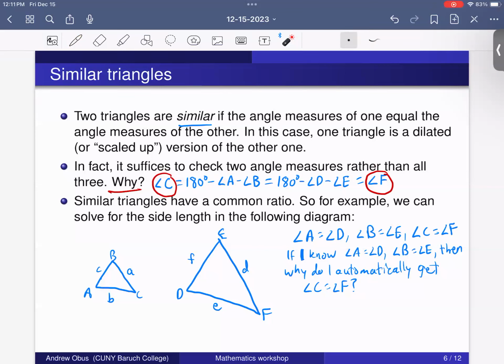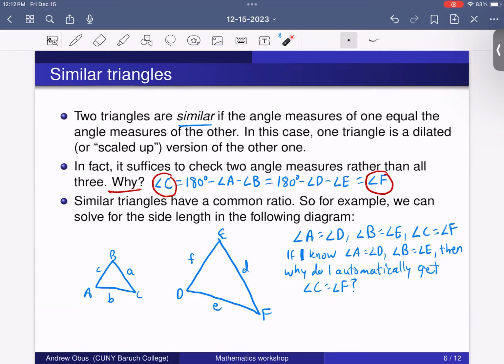If I know that A equals D and B equals E, by using these equations and the fact that the angles add up to 180 degrees, I get for free afterward that angle C equals angle F. So if you want to check whether two triangles are similar, you don't actually have to check all three angles.